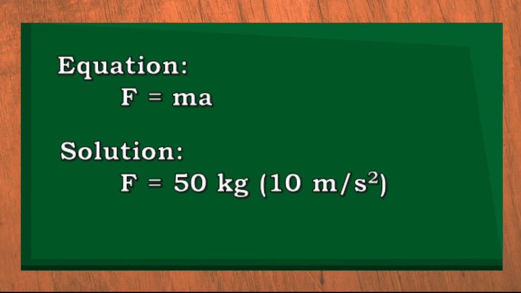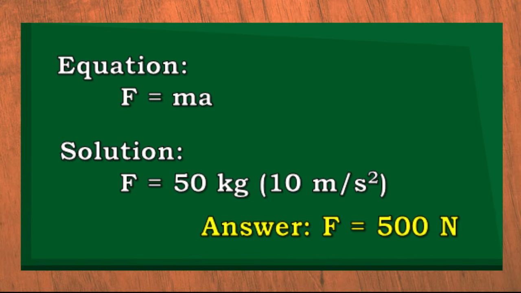So, 50 kilograms multiplied by 10 meters per second squared, the result would be force is equal to 500 kilograms meter per second squared, or we can say it as force is equal to 500 newtons.